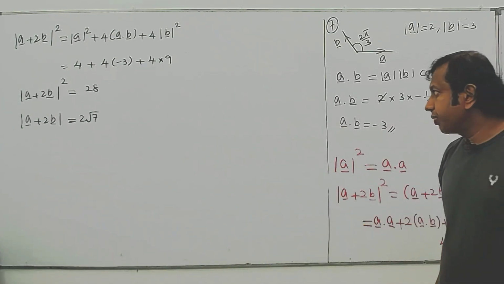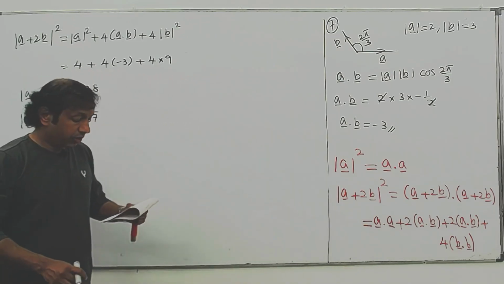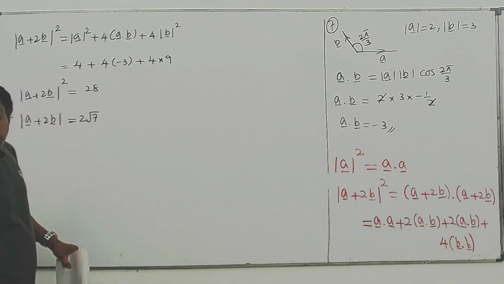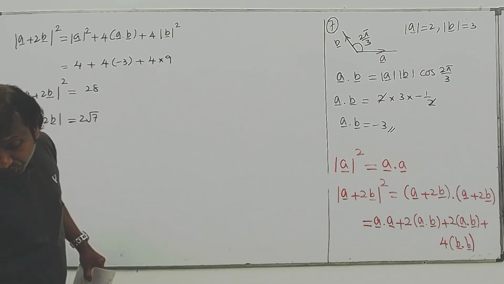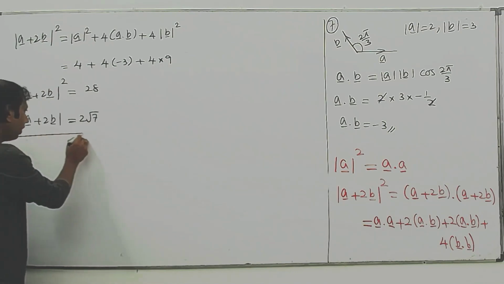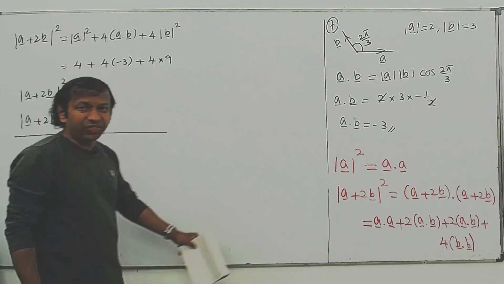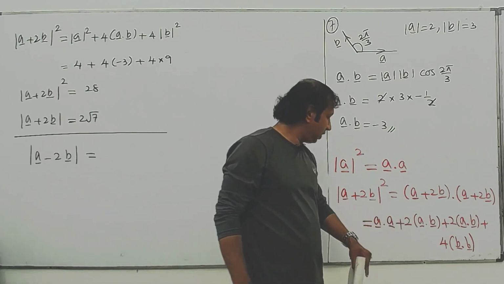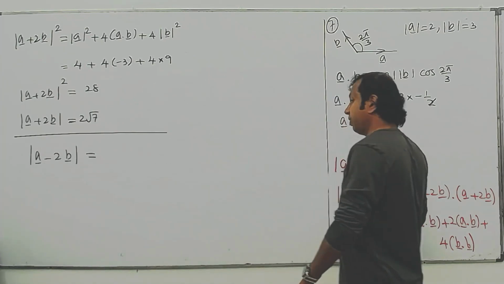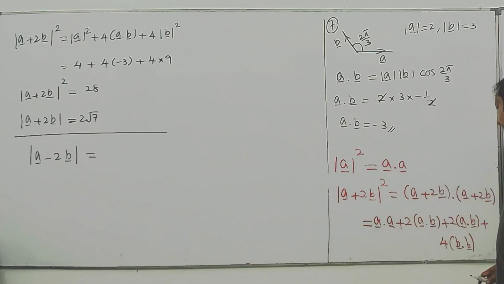People, similarly, in a similar way, you can write the second one. It is asking the modulus of A minus 2B. In the same way, using the same steps, you can find mod of A minus 2B. Same thing. Only thing is this sign becomes minus. If this sign becomes minus, people, what happens there?